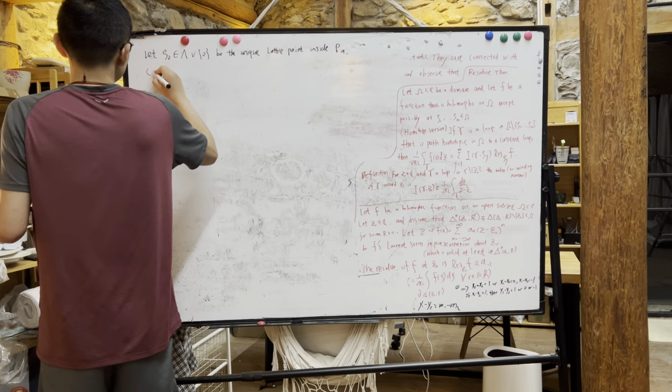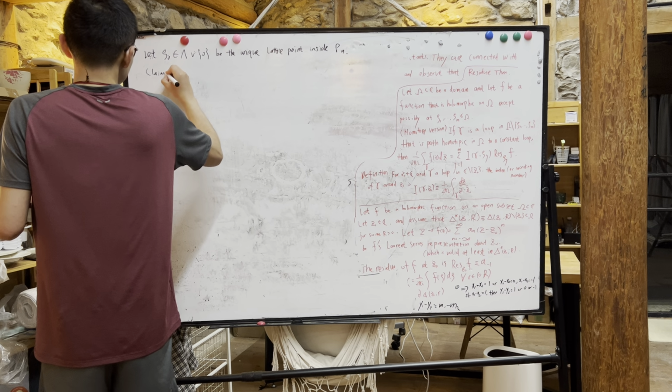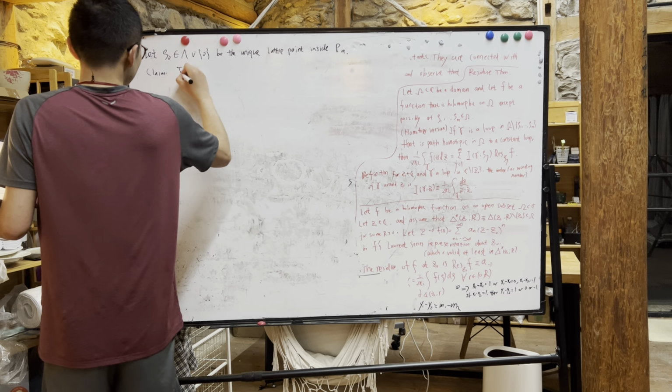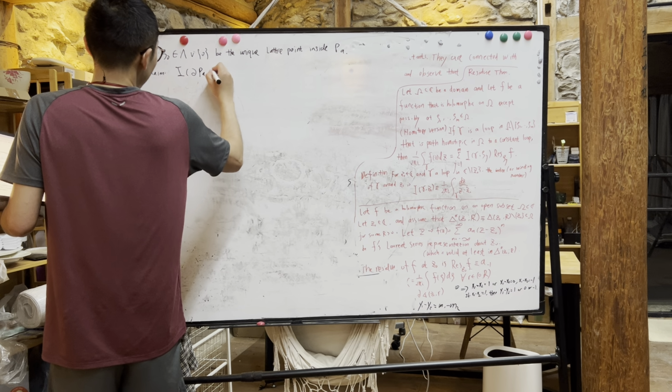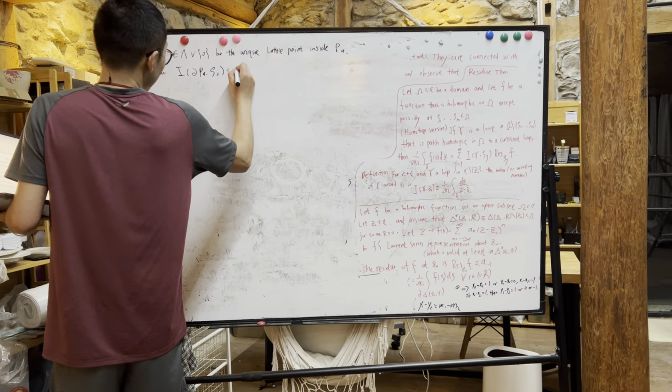So we claim that the winding number of the boundary of P alpha around zeta naught is equal to 1.